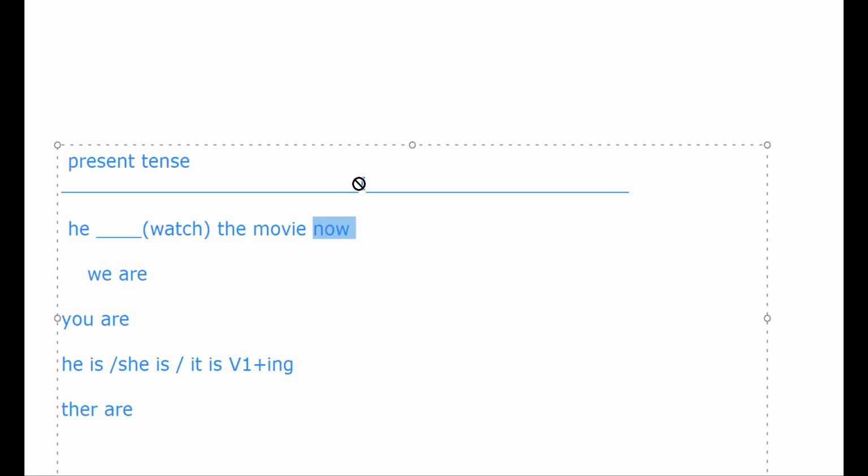Any action which is happening at this point is always called present continuous. You can look at the word continuous and present, and it is going on. And we express this with this, right? So time indicators: now, right now. Something like this.